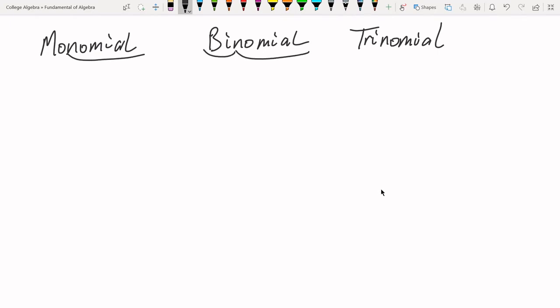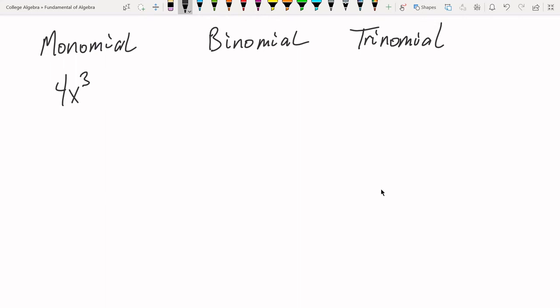Binomial is 2 numbers. Trinomial is 3 numbers. That kind of thing. And what this refers to is how many terms are in a polynomial. So a monomial would be like 4x cubed. There's nothing else added onto it, so there's a single term inside of this polynomial.